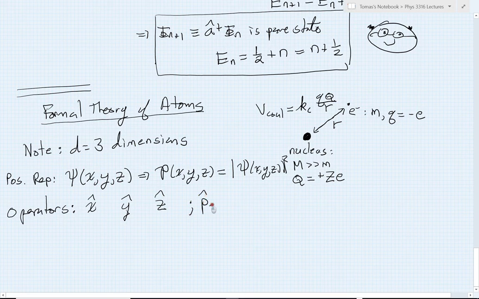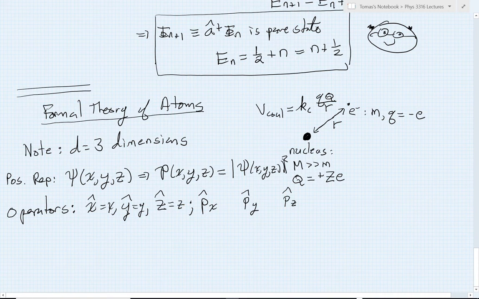There's a momentum in the x direction, a momentum in the y direction, and a momentum in the z direction. For the location operators, because we are in the position representation, I think those are pretty clearly going to turn out to be just what you would multiply this probability by to calculate their averages. So that's clearly going to be just x, y, and z, the values of the corresponding coordinates.